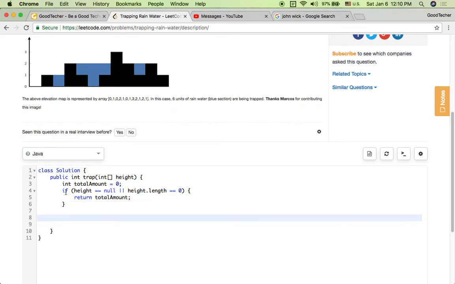And then, as we mentioned, we can first iterate each bar to get the left highest bar for each bar, to build an array that holds the left highest value.